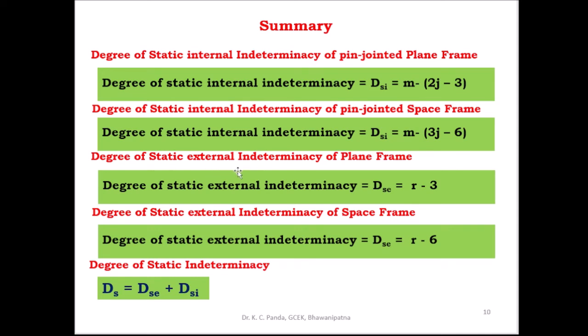The degree of static external indeterminacy of a plane frame is DSE equal to R minus 3. Similarly, for a space frame, DSE is equal to R minus 6. Then finally you can find out the degree of static indeterminacy using this formula: DS is equal to DSE plus DSI.